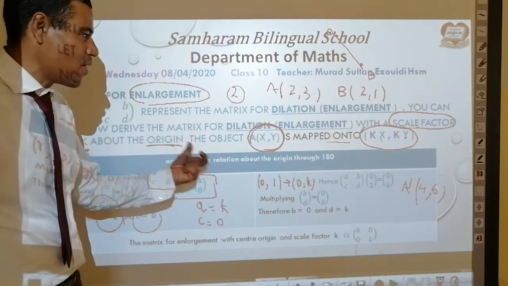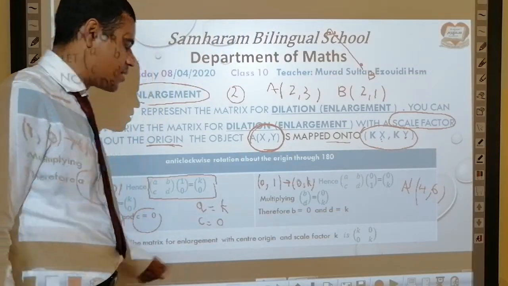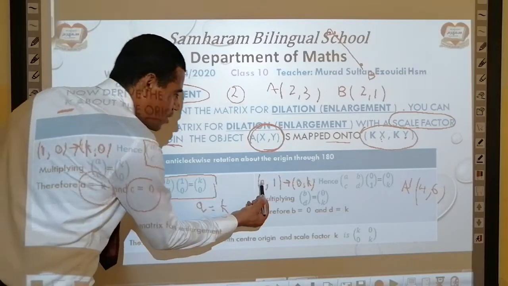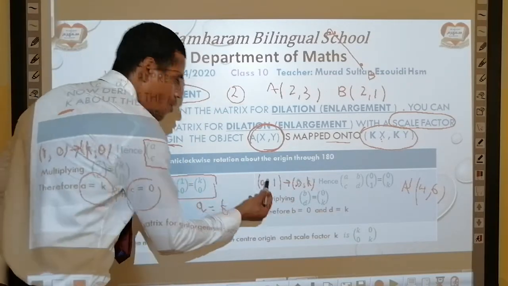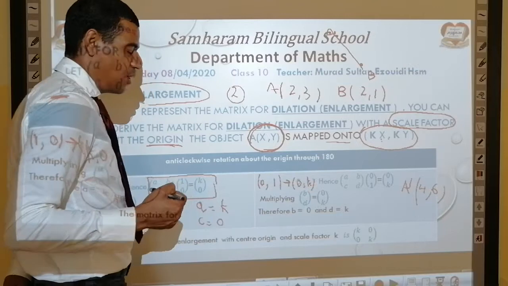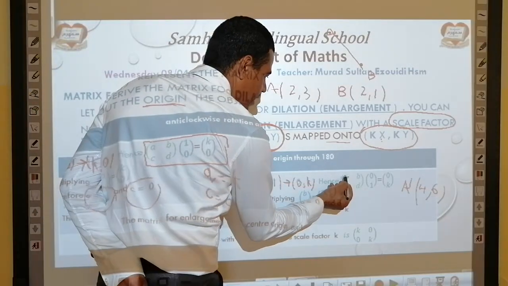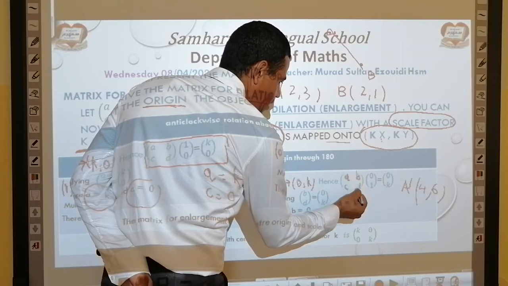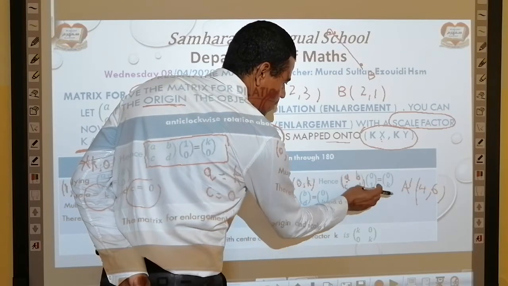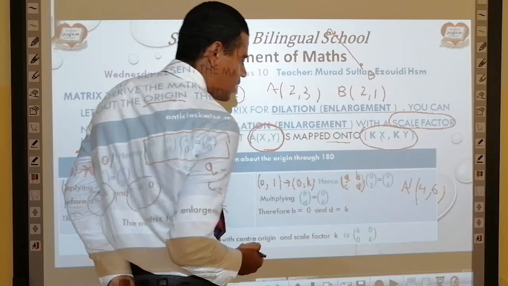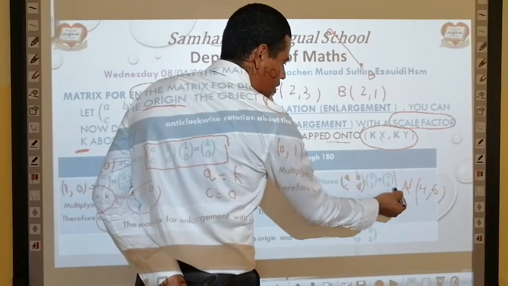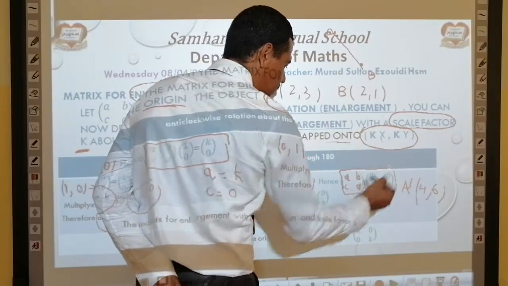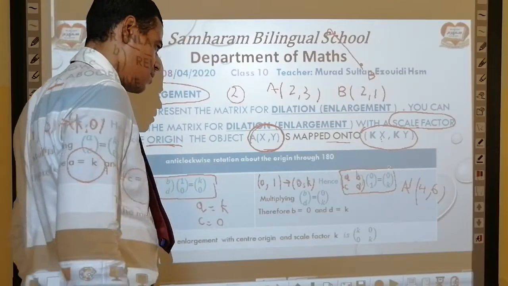Just multiply the scale factor by the x and the y coordinates. 0 multiplied by k is 0, 1 multiplied by k is k. Hence the matrix (a, c; b, d) that transforms this point to its image is written in matrix form or matrix equation.